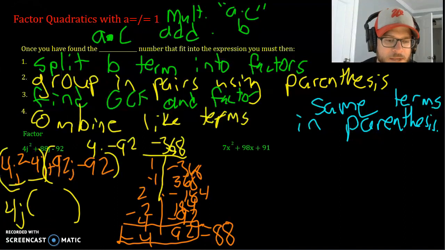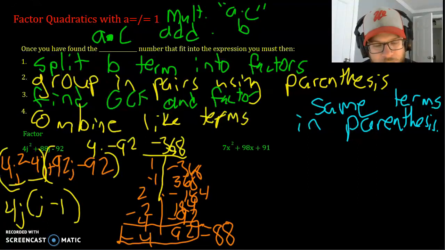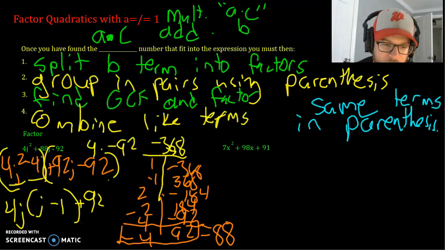I've taken out a 4 and I've taken out one of the j's, so that means I have 1 j left. I've taken out both the 4 and the j, so I have a negative 1 left. Common terms in the second one, they both have a 92, so I'm going to take out a positive 92. And the j is left and the negative 1 is left.